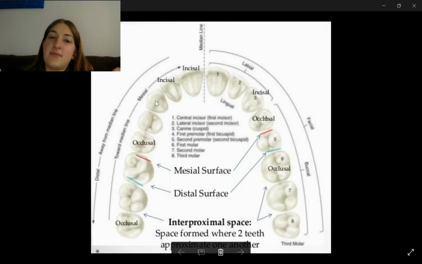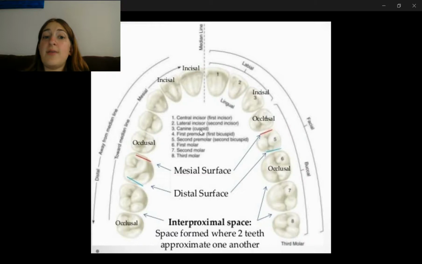Since the incisors and canines don't have that, it doesn't necessarily refer to them. There's also a term apical, which is at or towards the tip of the root of the tooth. Blood vessels can enter through the apical opening, so the apical is something we can't see, it's deep in the root of the tooth.